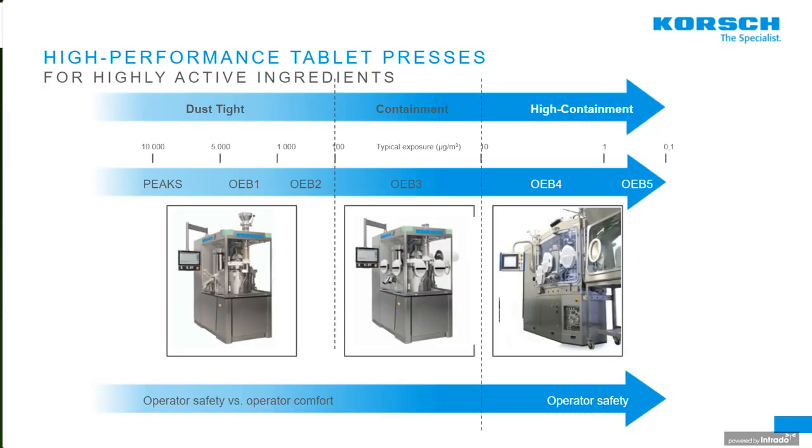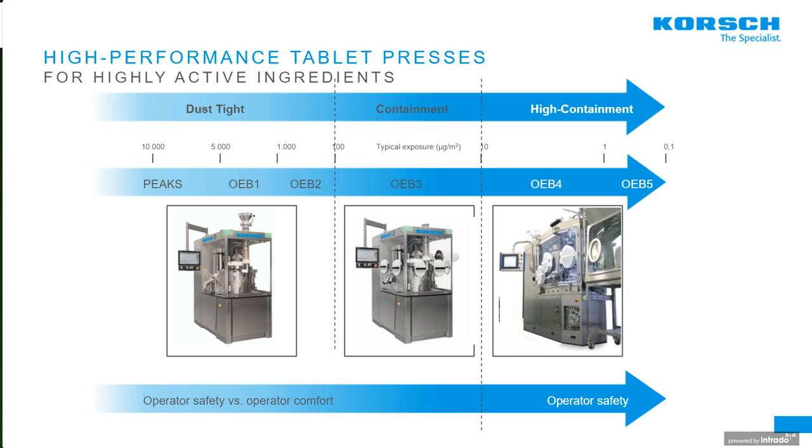To illustrate this in another way, on the left, dust tight, or let's say non-contained, that is an OEB2 standard press, standard windows, dust collection system hooked up, so a negative pressure inside the compression zone, but generally not monitored. So that's really a standard execution, no containment technology whatsoever.